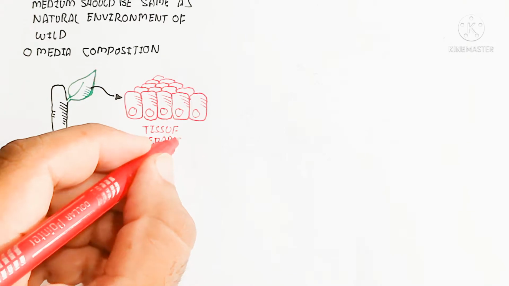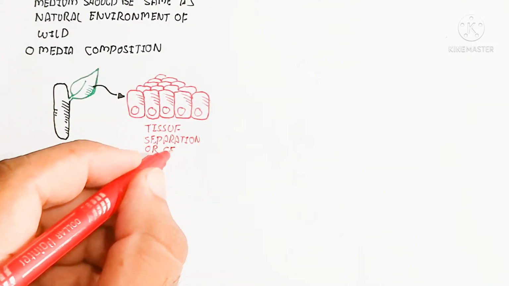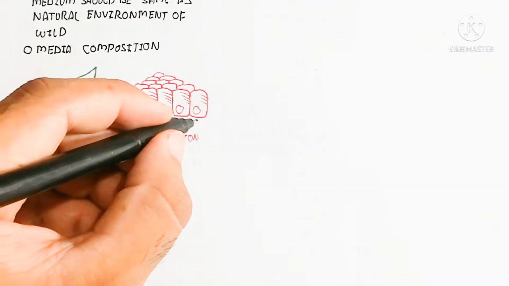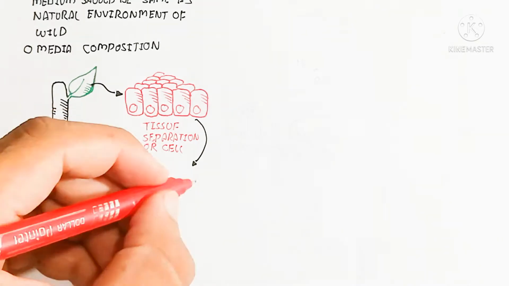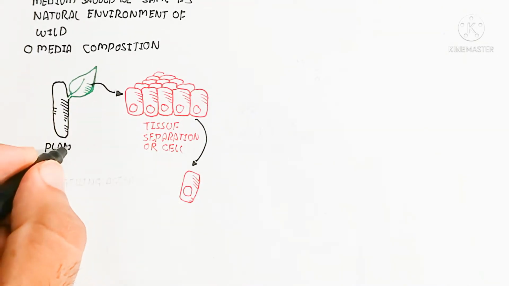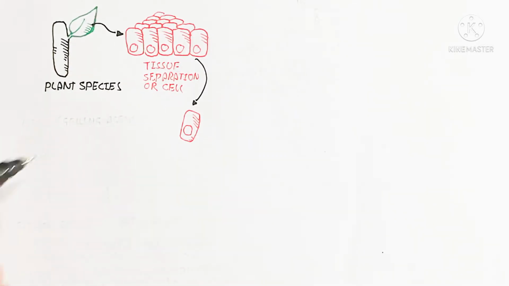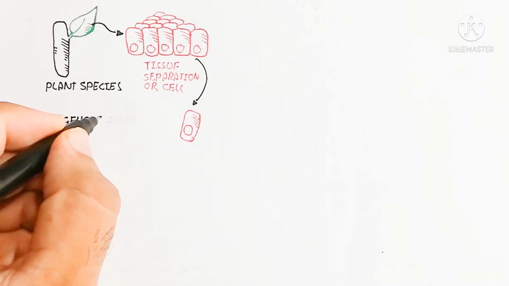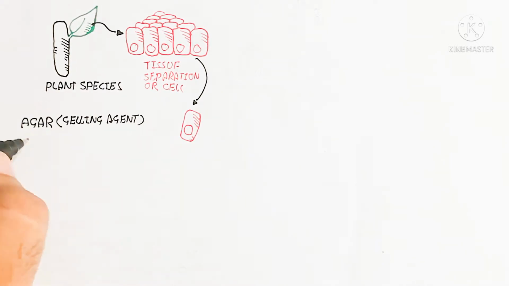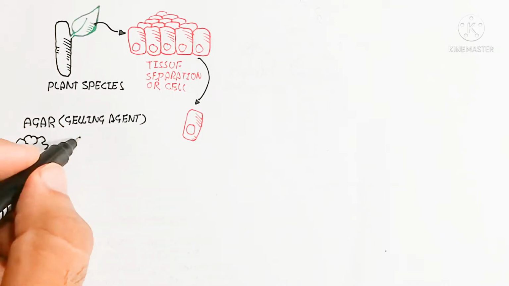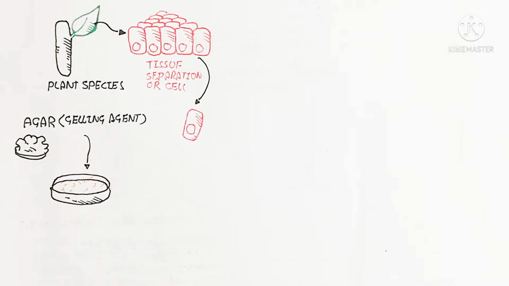When we get the desired plant species, we separate the tissue from the parenchyma, which is the living cells. After the separation of the tissue, we prepare agar, a gelling agent in the form of powder, which is mixed with water to form a gel-like structure.